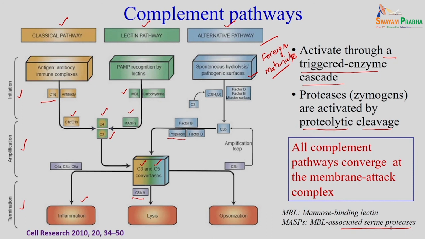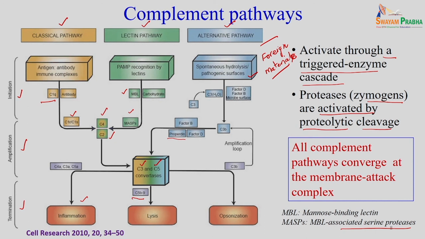These proteases which are there in the inactive form, we also call zymogens. They are already present inside the body, but they get activated only after proteolytic cleavage, and that cleavage is triggered by antigen-antibody immune complexes, recognition by lectins, or the presence of pathogenic surfaces, foreign materials or spontaneous hydrolysis.